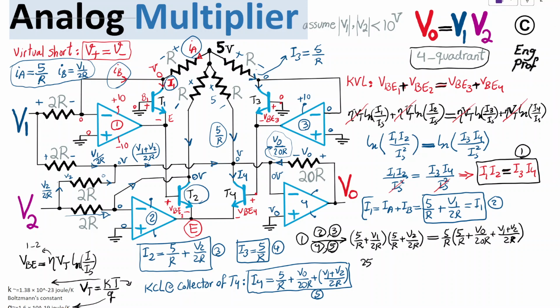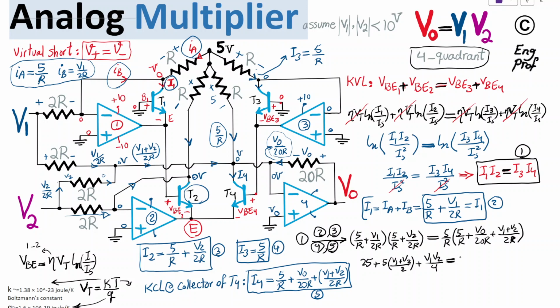So what I'm going to say is 25 and then plus 5 times V1 plus V2 divided by 2 plus V1 times V2 divided by 4, and I got rid of R squared from all sides.